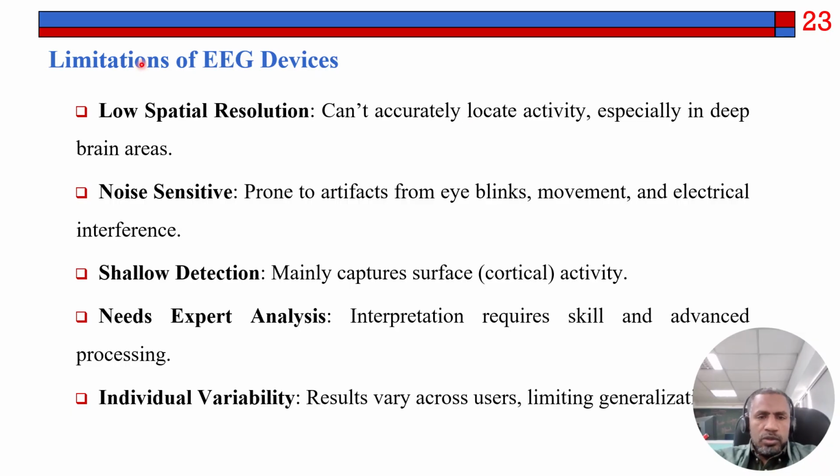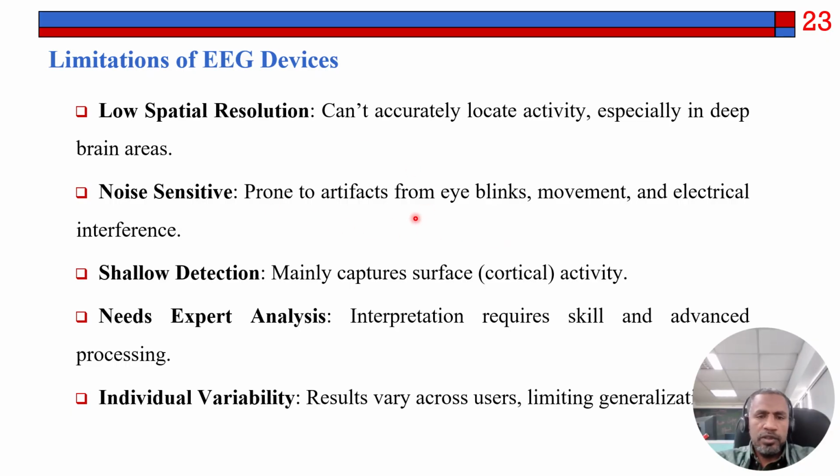The limitations of EEG devices: one limitation is low spatial resolution, because it cannot accurately locate activity, especially in deep brain regions. It is noise sensitive, prone to artifacts from eye blinks, movements, and electrical interference.